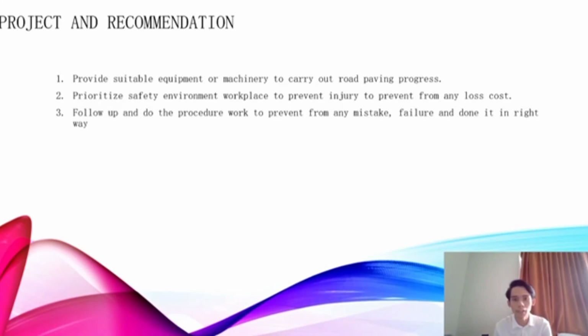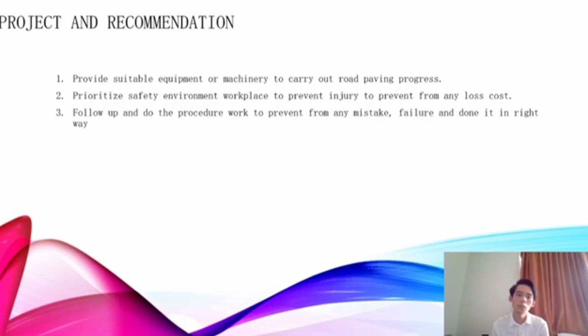For example, if any injuries occur during the road paving progress, such as a student or a lecturer getting into an accident while the work is taking place, the company will be sued or need to cover their treatment. For the third one, follow up and do the procedure work.